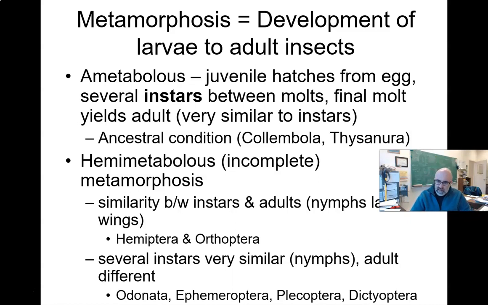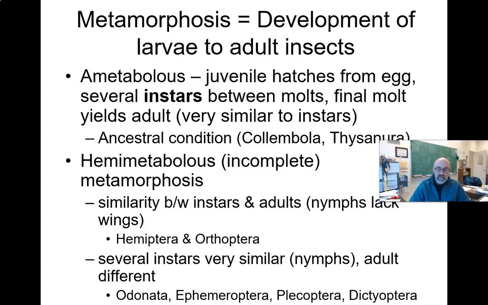Metamorphosis is the change in shape of insects during their ontogeny, or during their development. As they grow, we see in many different insect lineages this complete change in shape from the young to the old.